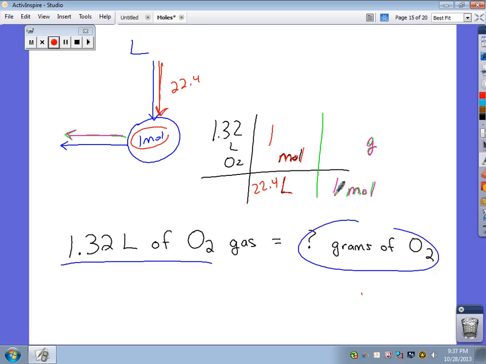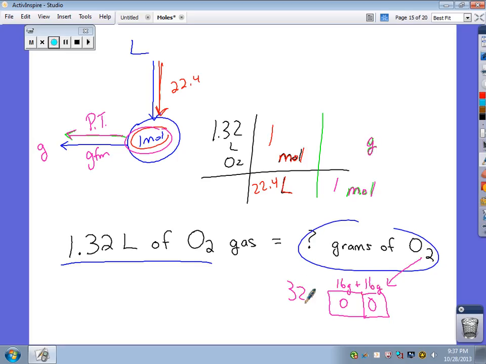Okay? So what am I going to do? I do not want the word mole. There's one because there's one in my mole hole. How many grams do I have? Well, if I have oxygen, where do I look? Periodic table, the GFM. So I'm going to look in oxygen's box. There's 2 of them. So I'm going to go ahead and click oxygen and oxygen. That's 16 grams plus 16 grams.